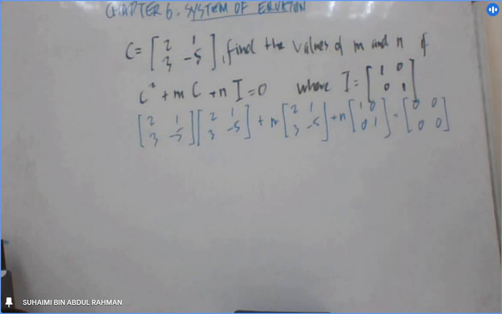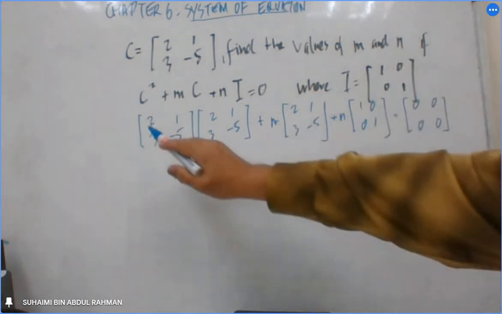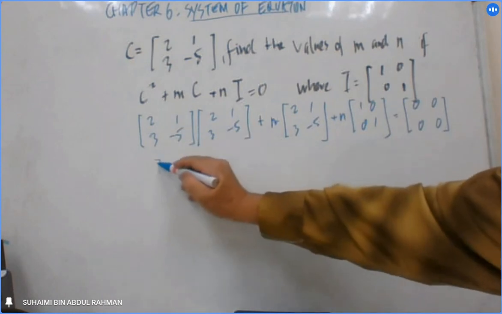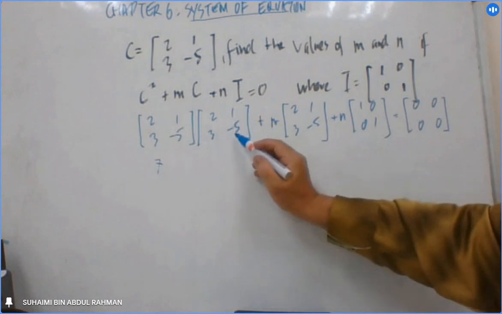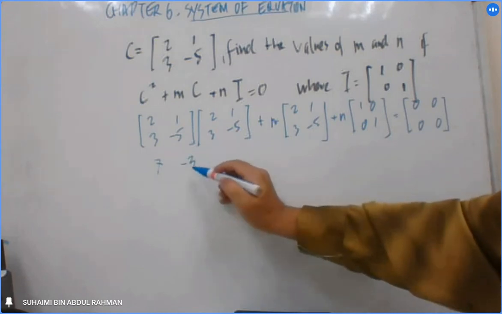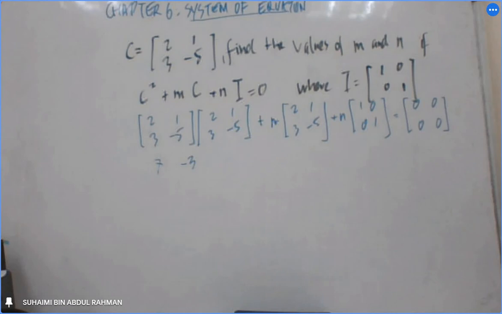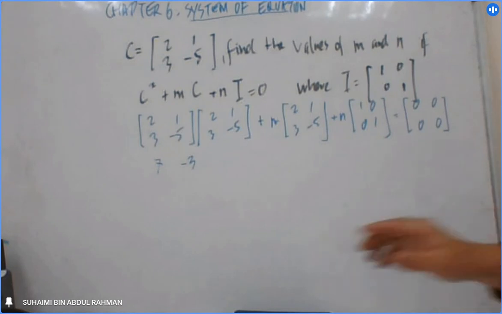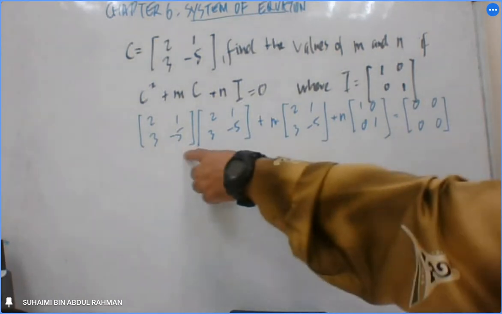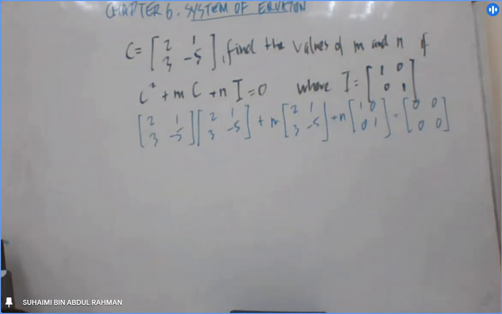So multiplication, what do we have? 4 plus 3, 7. 2 minus 5, minus 3. What do you have as the multiplication of these two matrices?